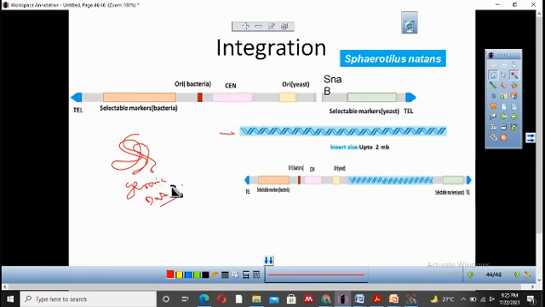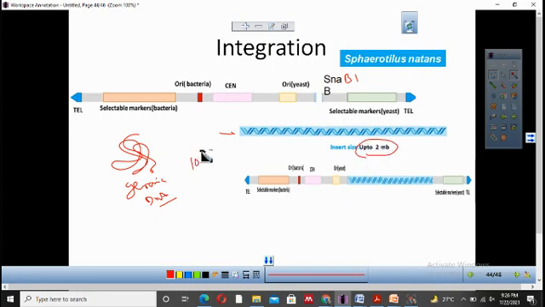With the help of SnaB1, a restriction enzyme isolated from Sphaerotilus natans, the linear chromosome is digested. The enzyme will cut at the specific SnaB1 site, and due to this there will be a gap.